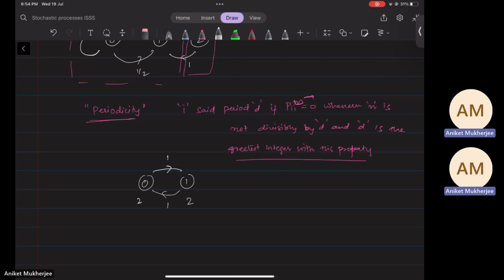The next thing is, if a state has period 1, then the state is known as aperiodic.